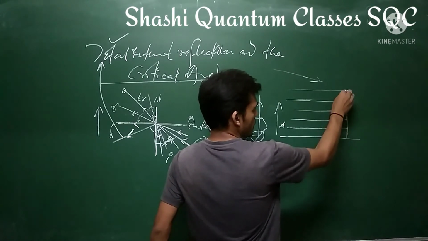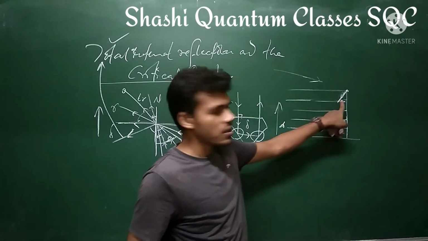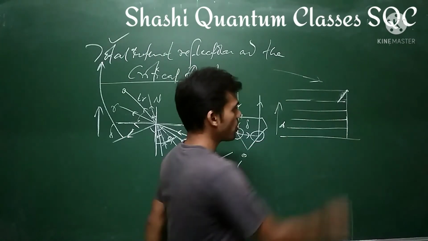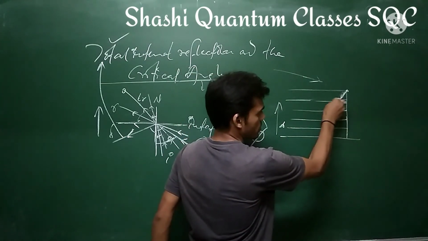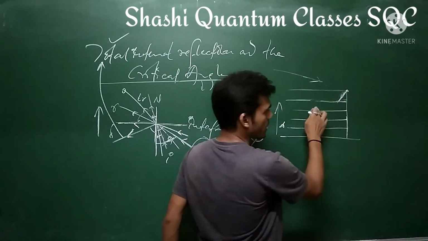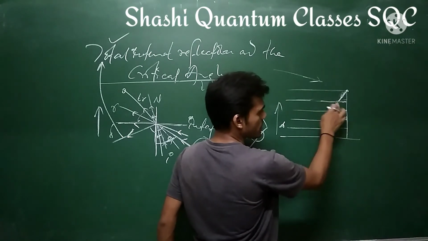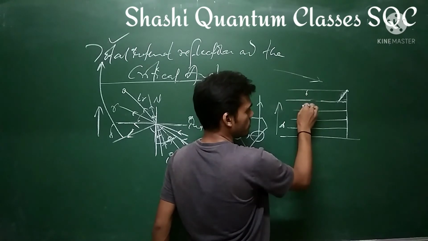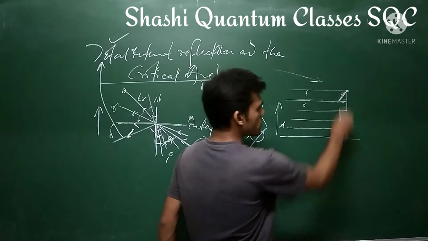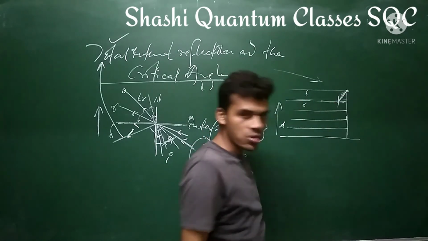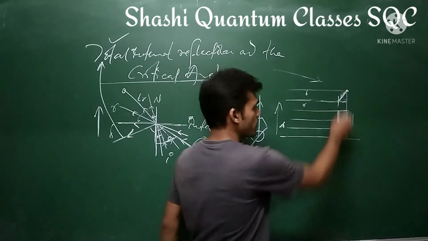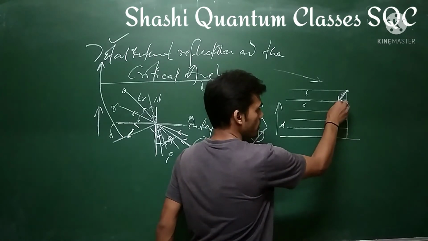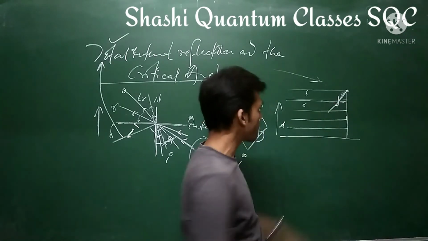If it is incident here, यहाँ पर ये incident करता है, then for this interface, इन दोनों layer का जो interface है, this is the interface of these two layers, in which this is the denser and this is the rarer. So in this situation, following the laws of refraction, it will go a little away from the normal. ये normal से थोड़ा दूर जाएगा.